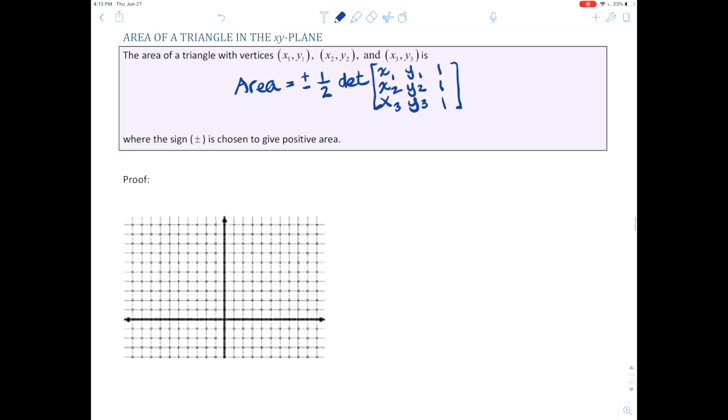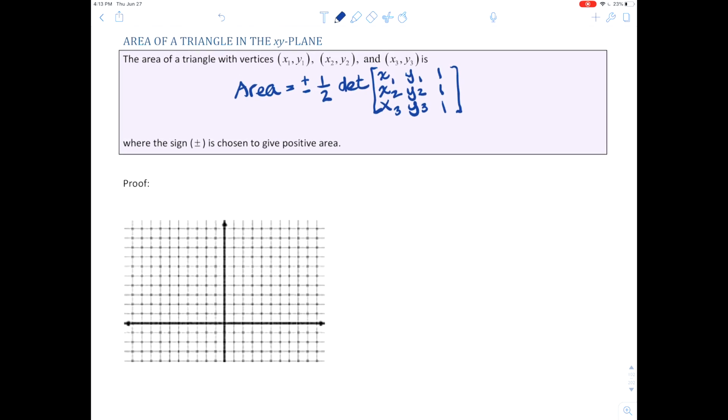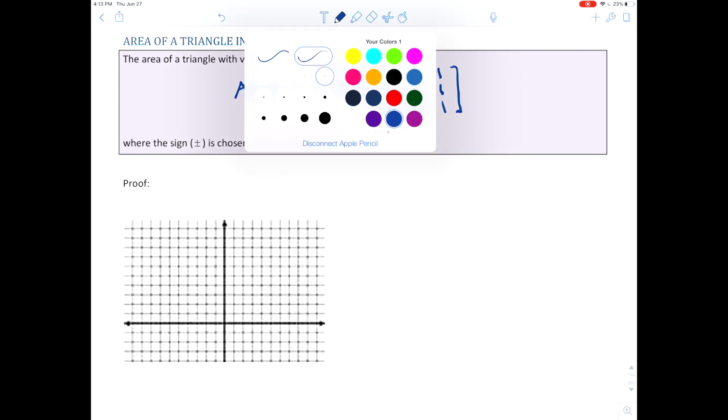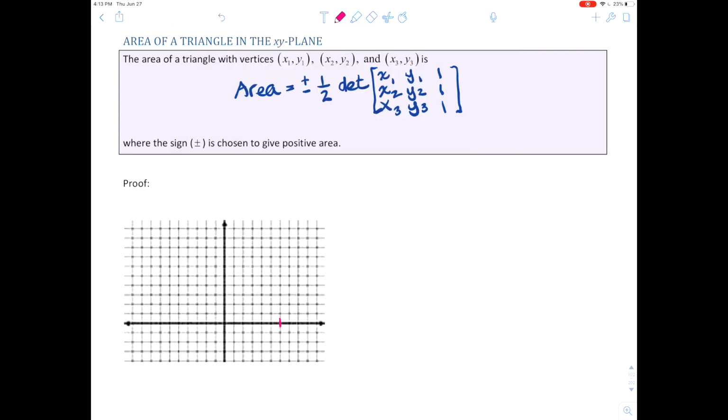Let's check out a picture of this. Suppose we have some triangle, with points x3, x2, x1. I'm trying my best not to make it look like a right triangle.